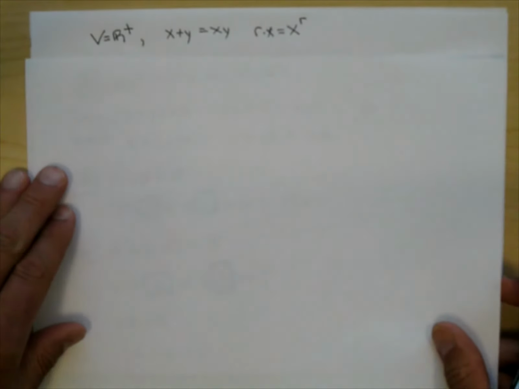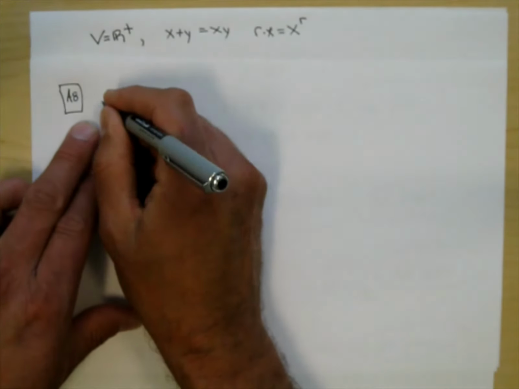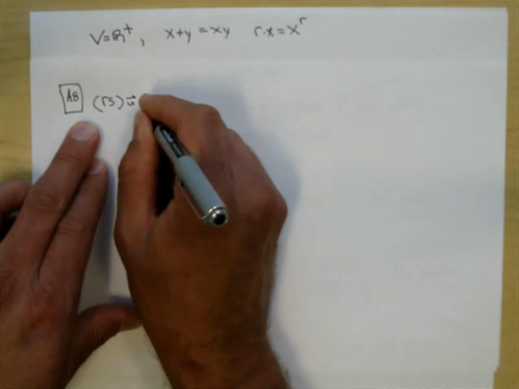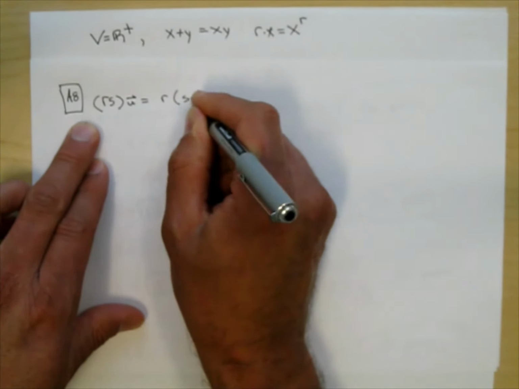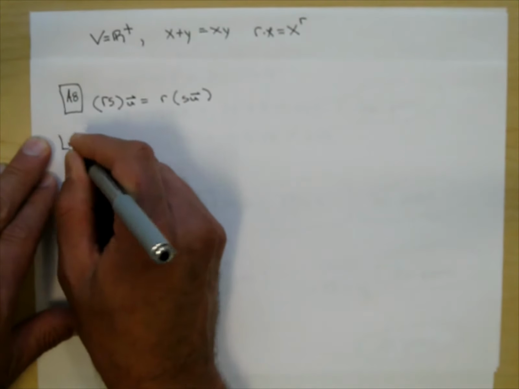Let's look at A8. So for now, A1 through A7 pass. It looks like this thing could possibly be a vector space. A8 says RS times U equals R times SU. Okay, so here is the left-hand side.